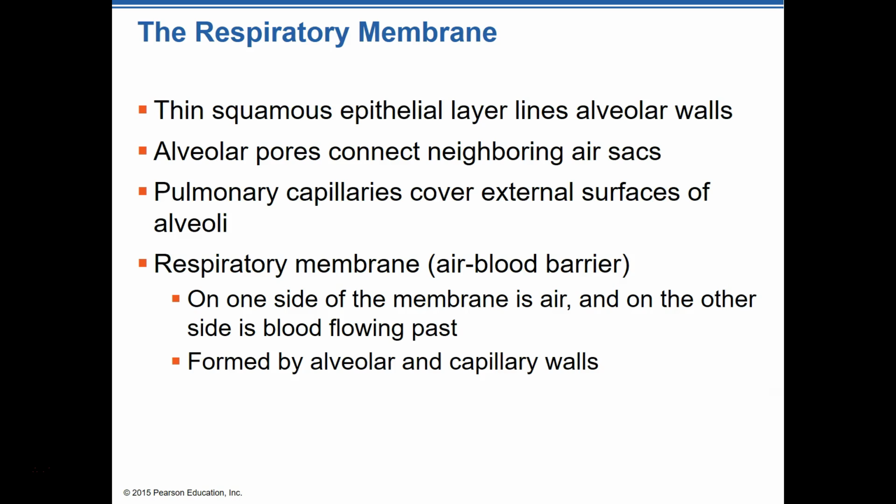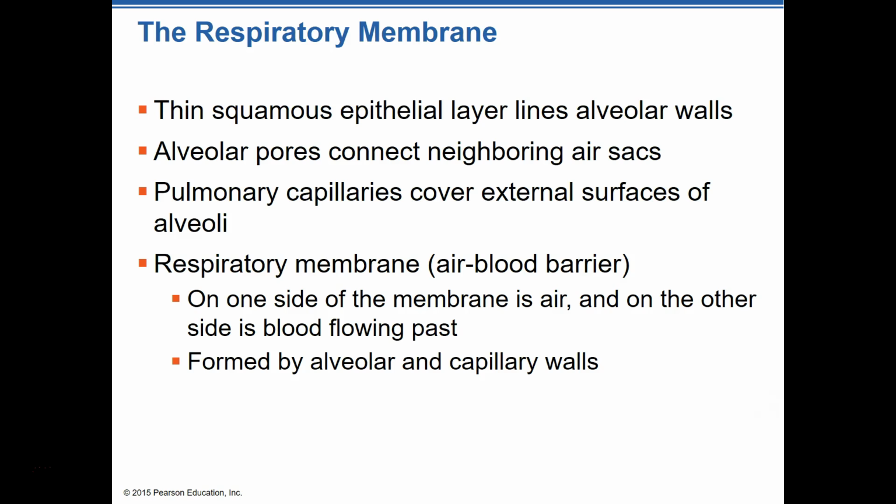These little pores connect with neighboring air sacs. There's a bunch of capillaries, arteries and veins, those little bitty, fine, small capillaries that are over the surface of those alveoli. And this membrane you should think of as the air-blood barrier, the barrier between the outside air and the blood in our bodies.